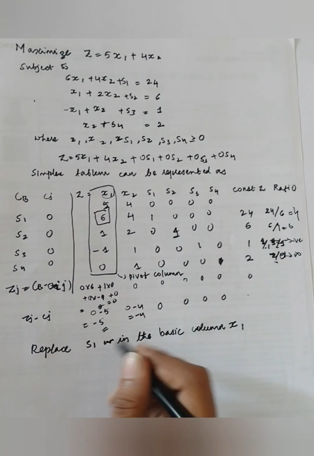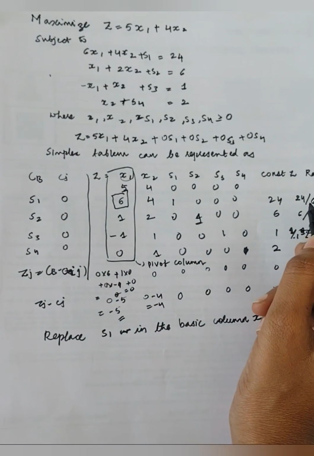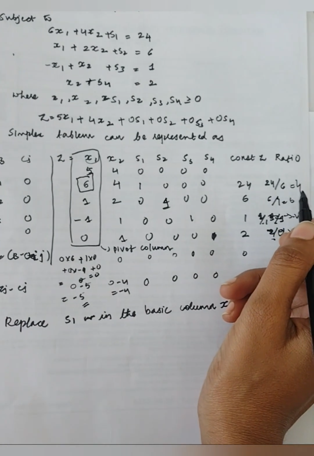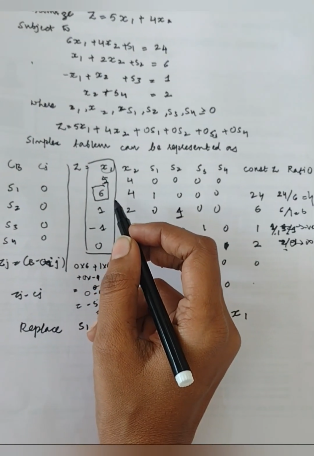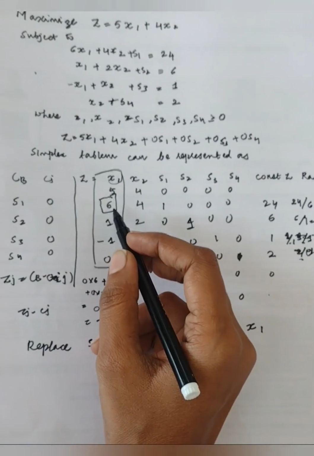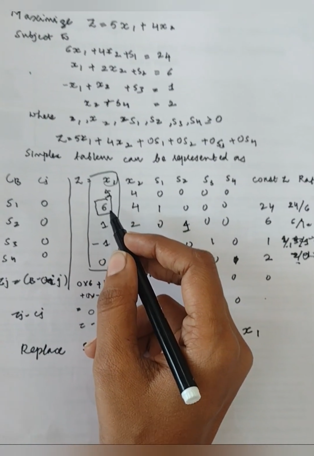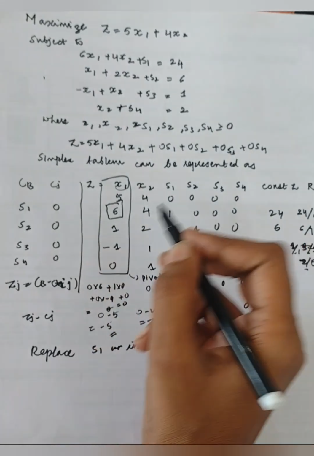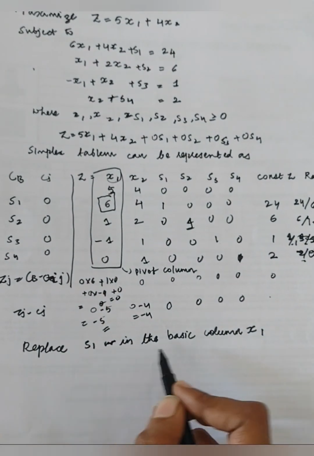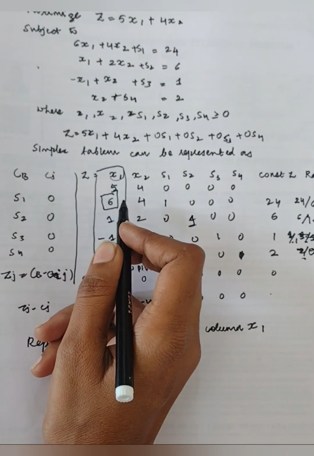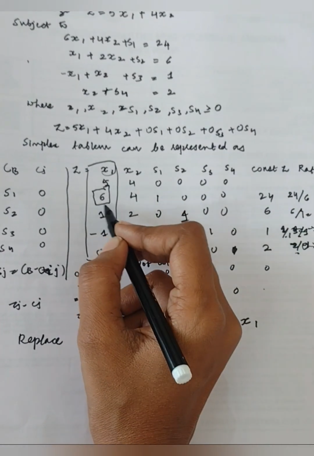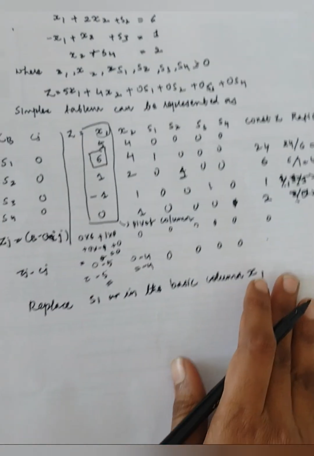The pivot column element for x1 is 6, and that is the pivot element. We have to make this 1, so this whole row should be divided by 6.